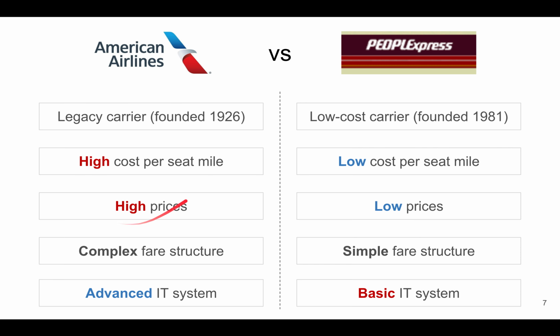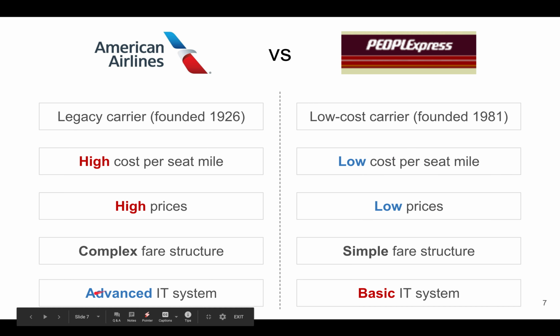Because of their legacy status, they had very high costs and high prices compared to People Express, which had much lower costs and lower prices as well. Although American Airlines had the advantage of an advanced IT system which they had built up over the years, whereas People Express as a startup did not think it was important to invest in an advanced IT system.